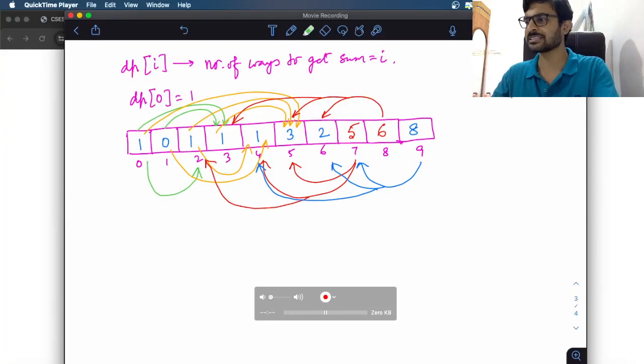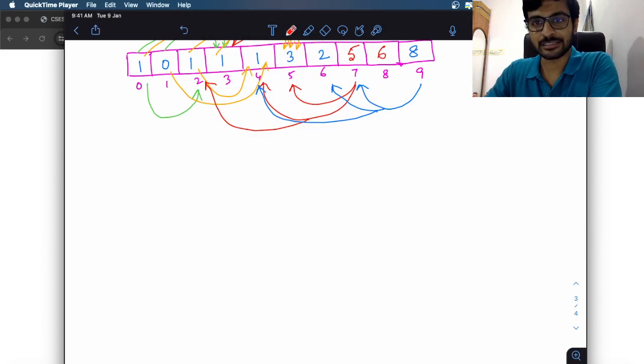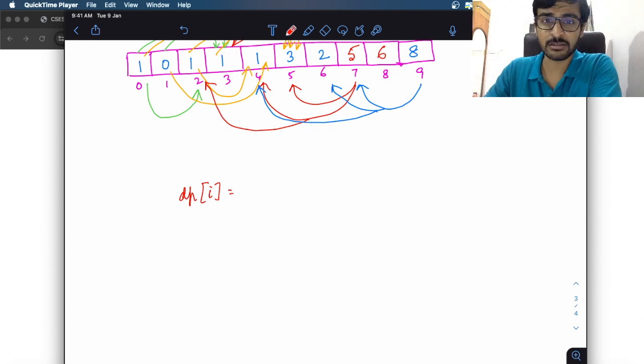For DP, this is the most important thing. For DP, we form the recurrence. That is, what will be our DP I based on the smaller DP or the other sub-problems.